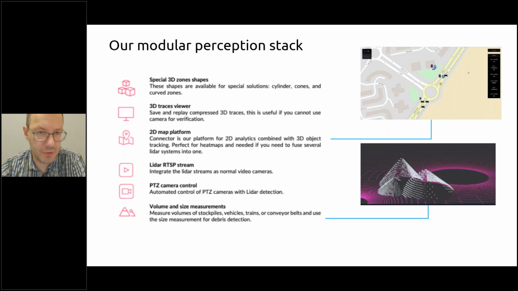We have support for a 2D map platform. Basically, we have a platform which is getting data and which can be calibrated with LiDAR data, and shows what is happening on the map with GPS coordinates.